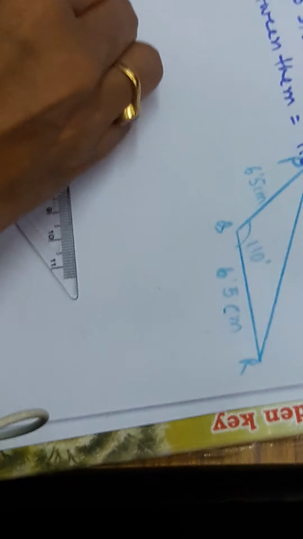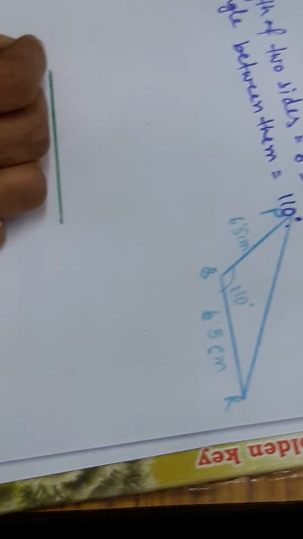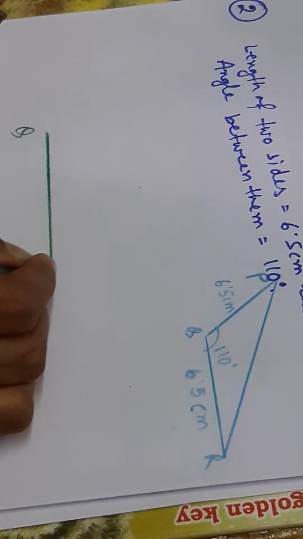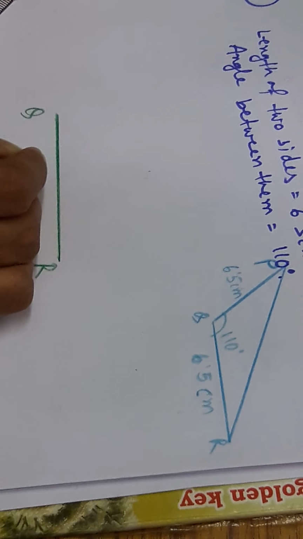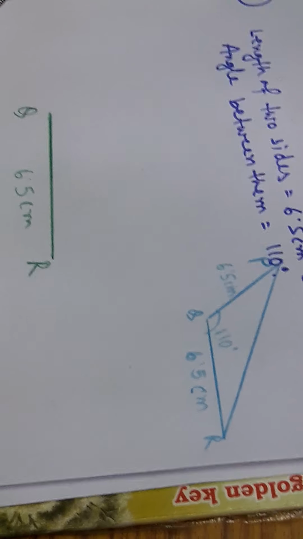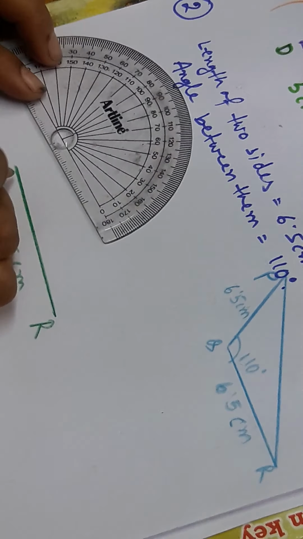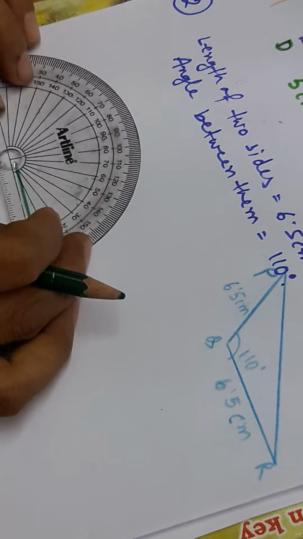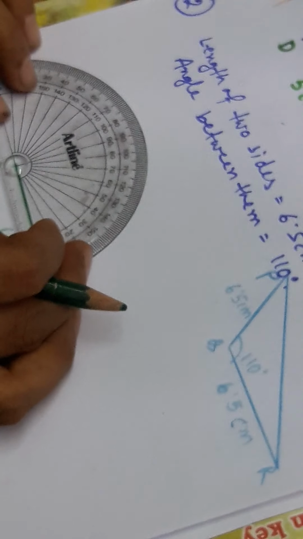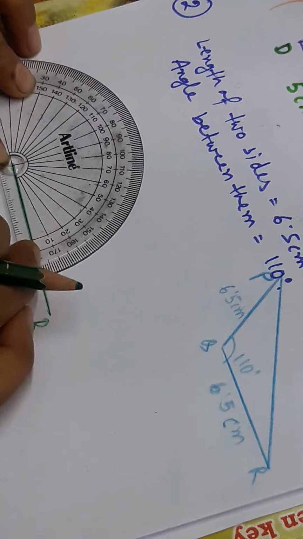Exactly 6.5 centimeter. Yes, its name I have given here QR, and its measure is 6.5 centimeter. Okay, another thing, you have been asked to construct or draw an angle of 110 degree. So for that, put the center of your protractor on the baseline 0.